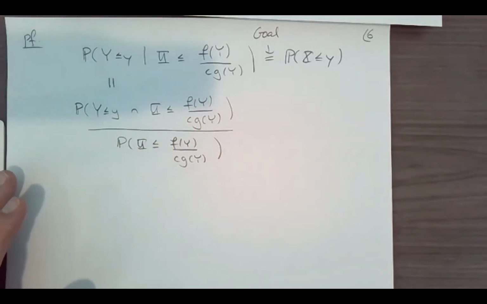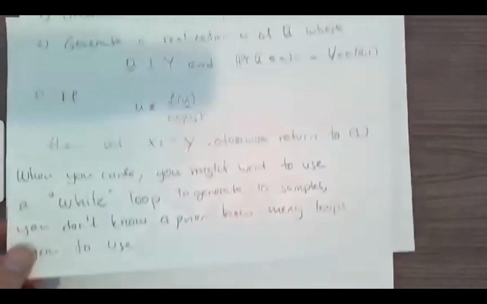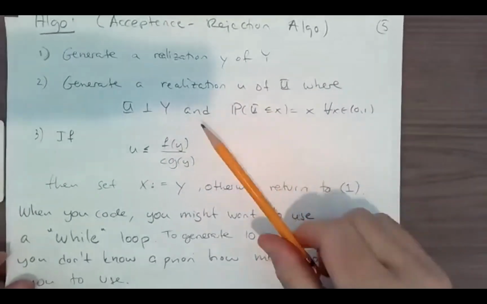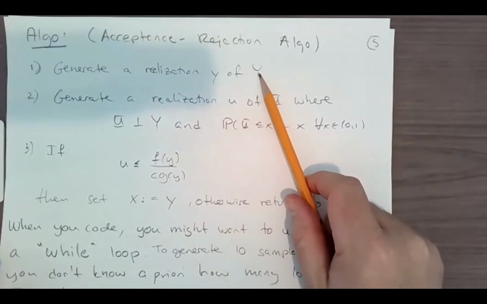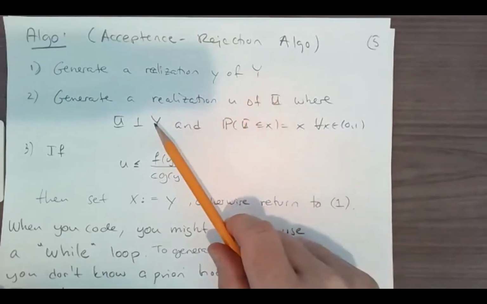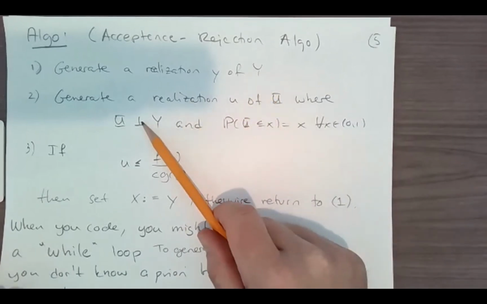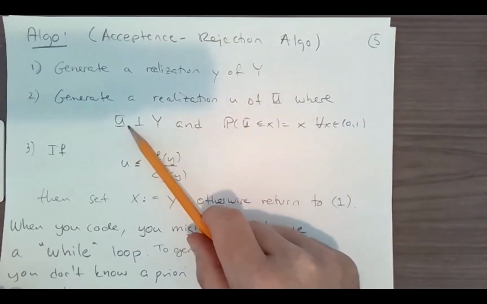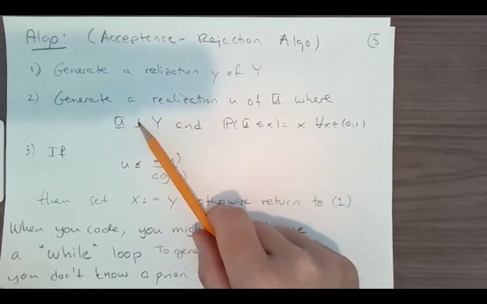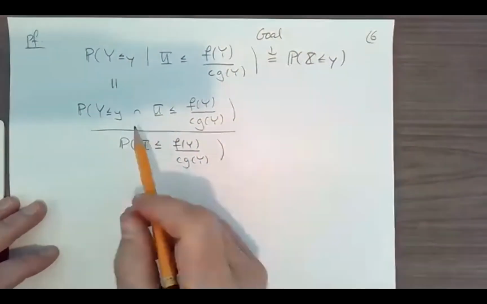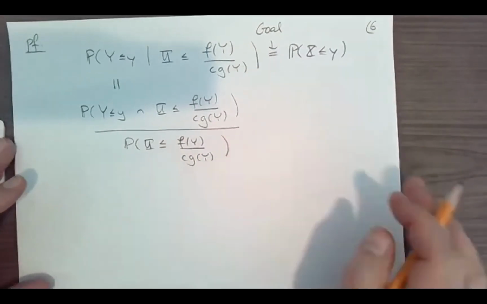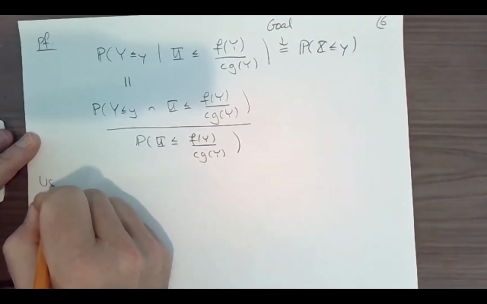Well, then you go back to the algorithm. So Y has a density little g, X has a density little f, U is uniform, U is independent of Y. So this is the key here. We're going to be using that they are independent. So how do we compute something like this when they're independent? So we're going to use the independence lemma.